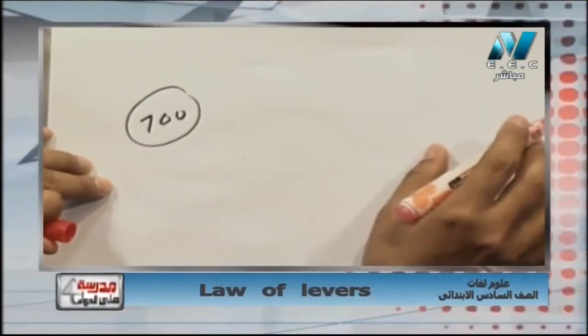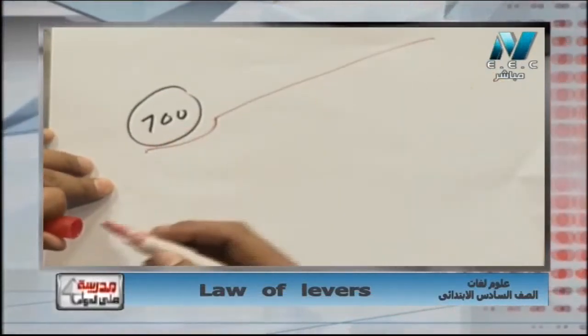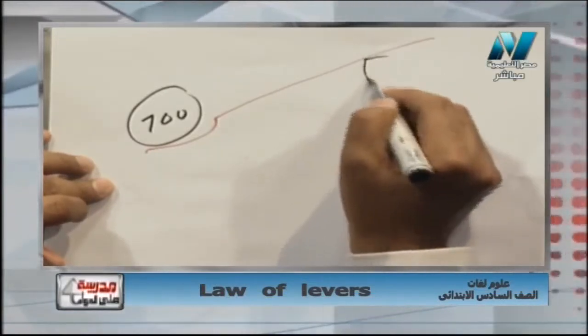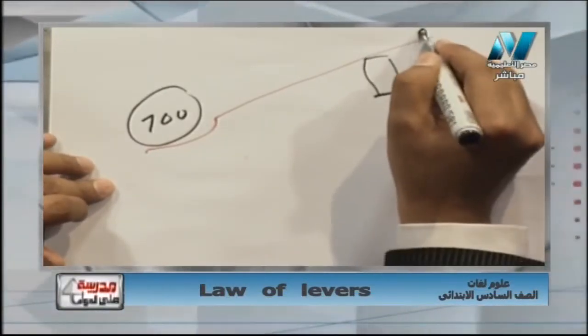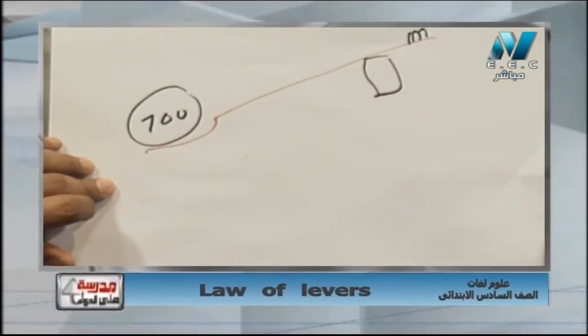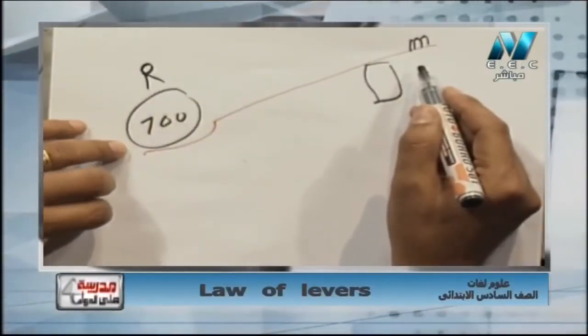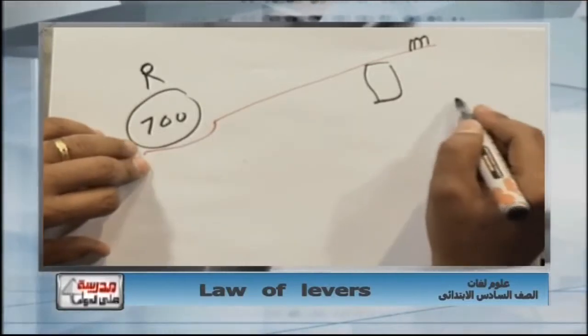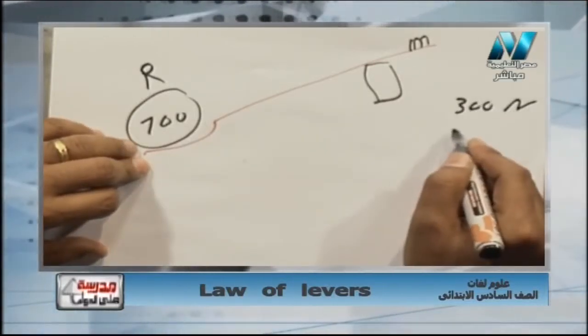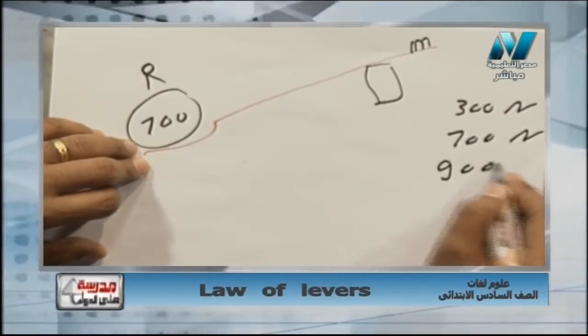On the other side, this is 700 Newton, and this is a crowbar. If I put the fulcrum here, and this is my hand to exert effort, which amount of effort force must I exert to move this? 300 Newton, 700 Newton, or 900 Newton?